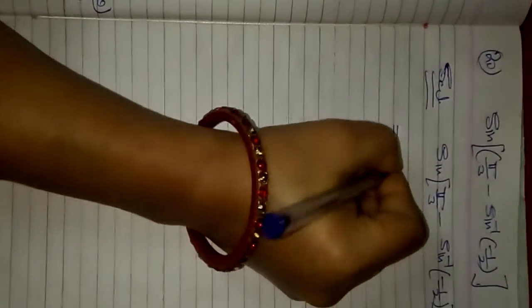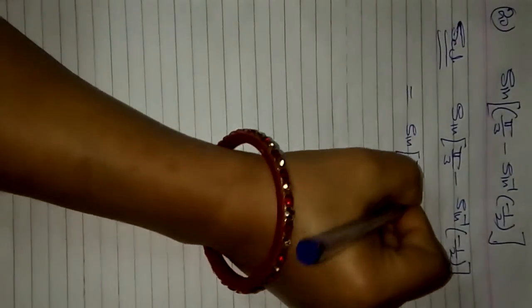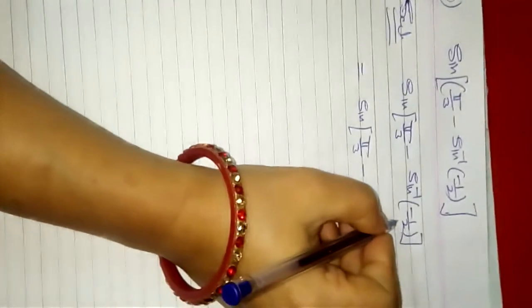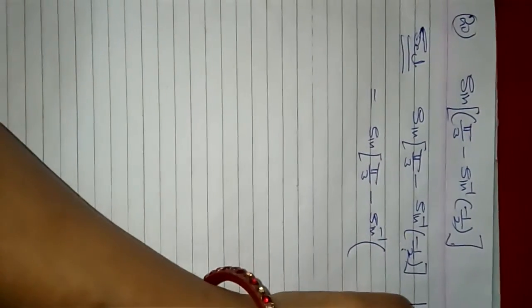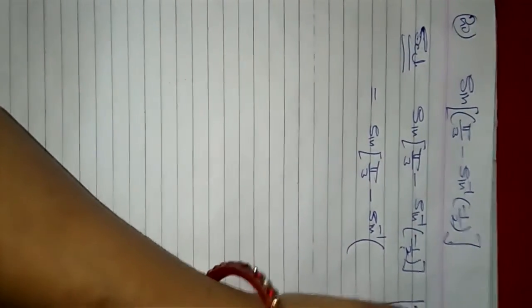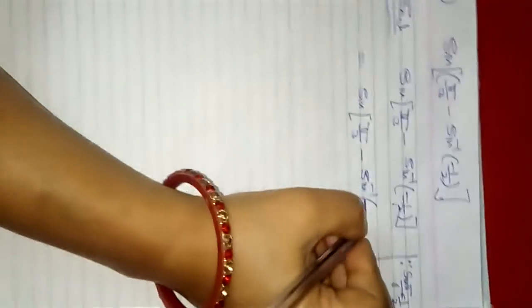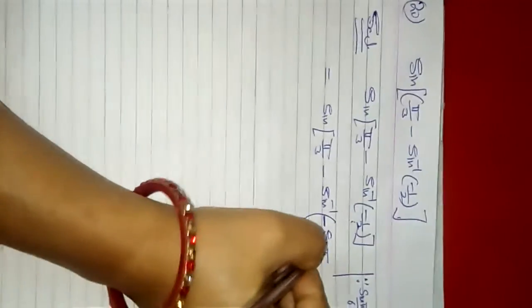So sine of pi by 3 minus sine inverse as it is, the value of 1/2 in the form of sine is pi/6. I am writing the value here: sine pi/6 is equal to 1/2. So as it is, in the place of 1/2 we will put sine pi/6.